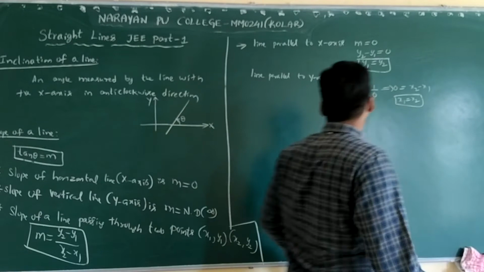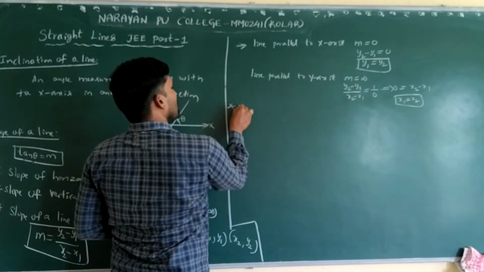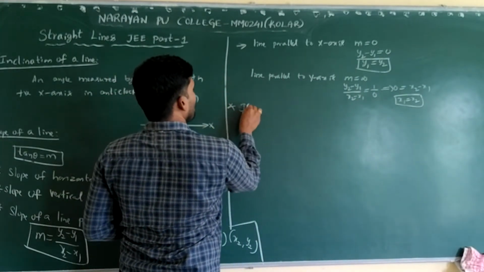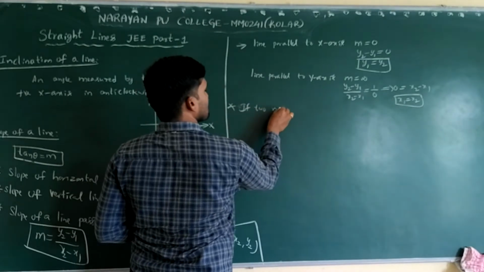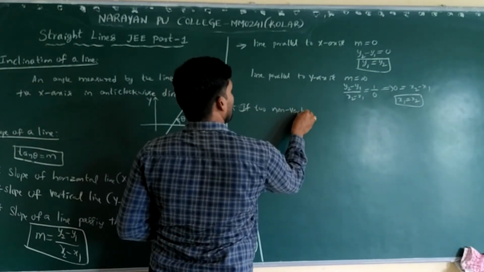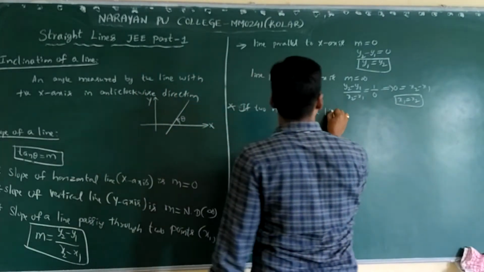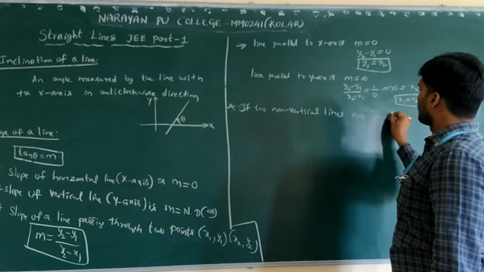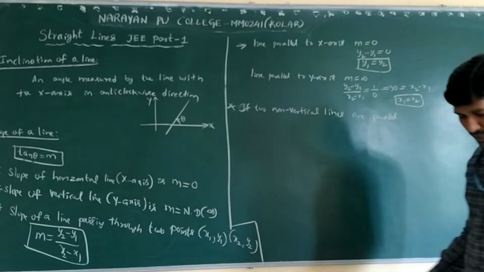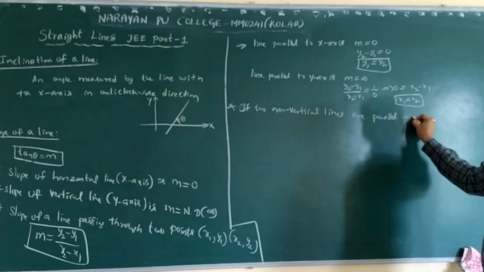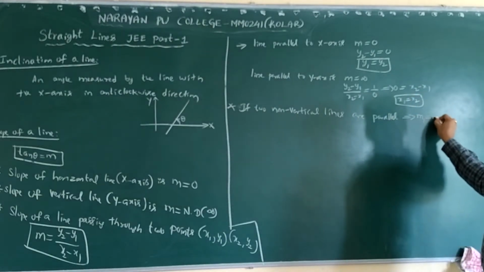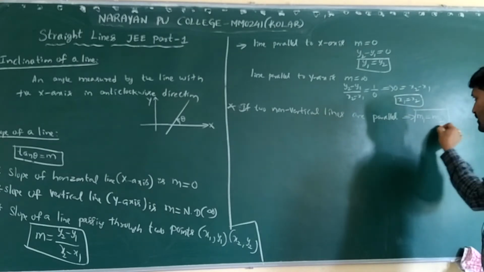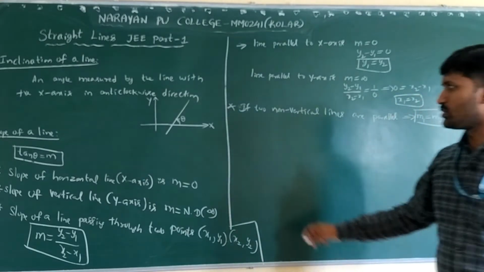Next, one more condition: if two non-vertical lines are parallel, when the two lines are parallel, then the corresponding slopes are equal, that is m1 equal to m2.